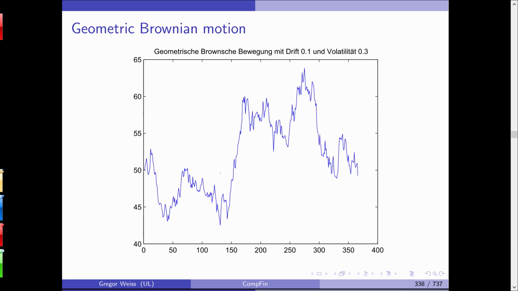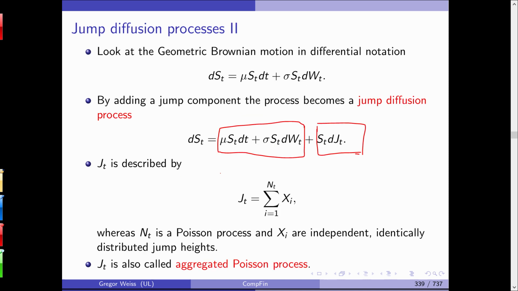So this is the main idea here. Remember, this was the geometric Brownian motion with drift 0.1 and volatility 0.3. It looks pretty much like it could be a stock price. And we now want to include a jump component.